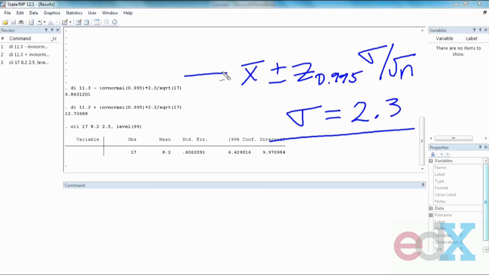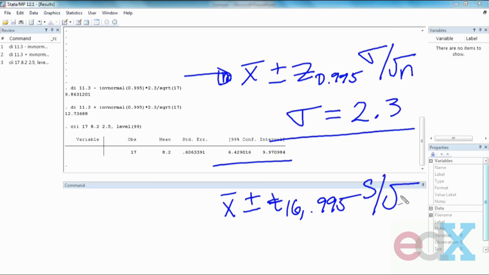We have this confidence interval here where we assume sigma is known, or we have this one that we used based on the t-distribution. So in this scenario, how can we assess this problem?